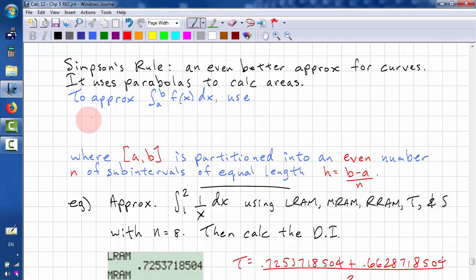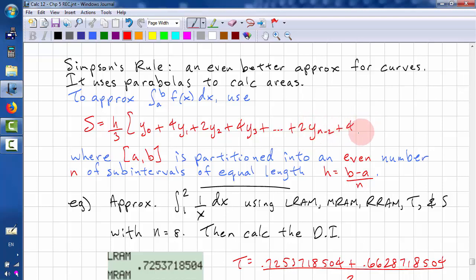Okay, so Simpson's is h over 3. We have the first data point plus 4 times the second data point plus 2 times the third data point plus 4 times the fourth data point, and it's going to alternate between 4 and 2, plus 2 times the third last data point, plus 4 times the second last data point, plus just the last data point.